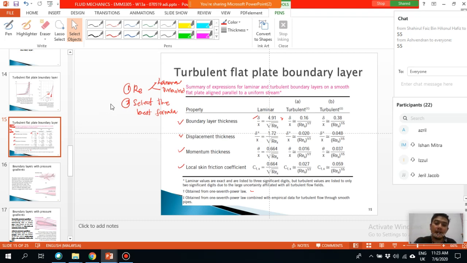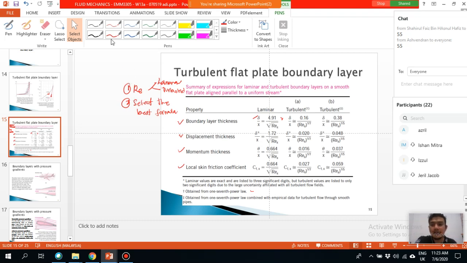When I give you this type of questions, then you will be confused. For example, we have 30 and 35. Actually the correct answer is 30, but you use 35. Your Reynolds number is different. You need to remember the effects.